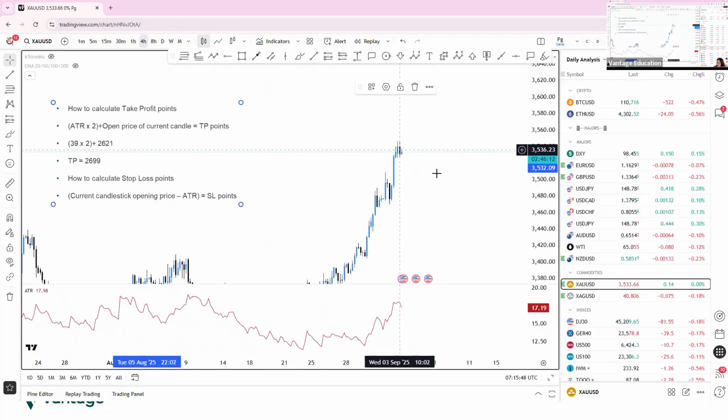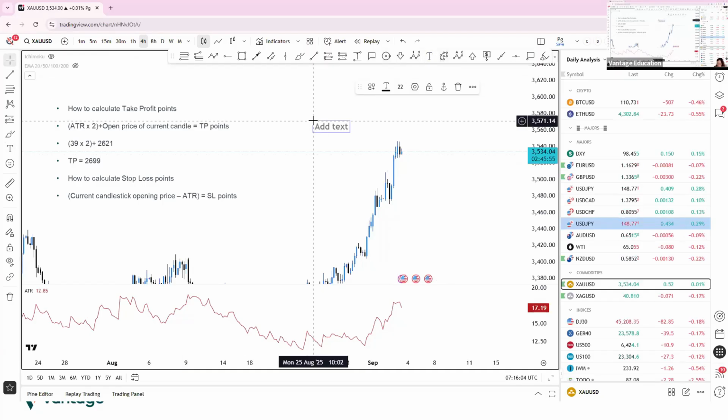The open price of the current candle is, let's say, 3531.